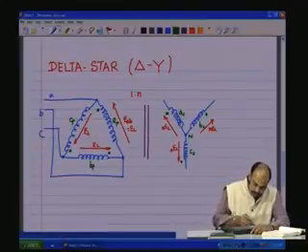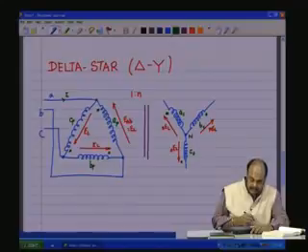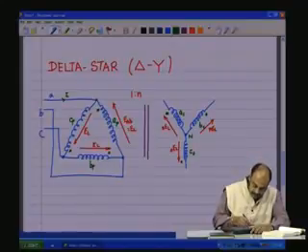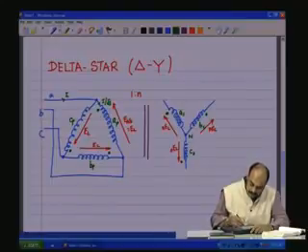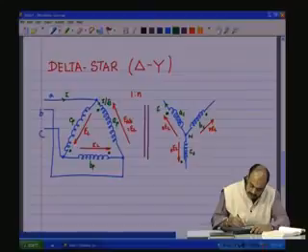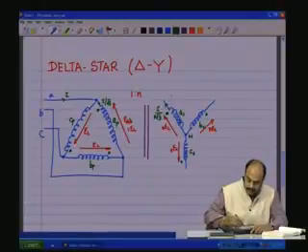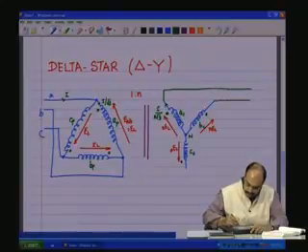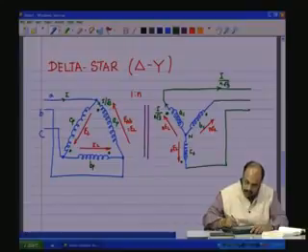And then if there is a current I which flows through the line of the primary side delta, in the phase it becomes I by root 3, and this I by root 3 becomes I by N root 3, and on the line it is the same as the phase in the case of the star circuit, and therefore the currents here are I by N root 3.